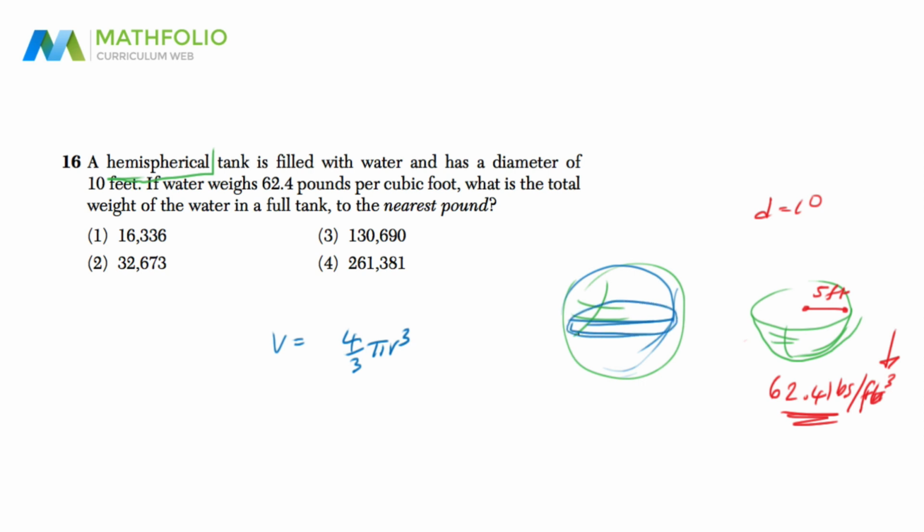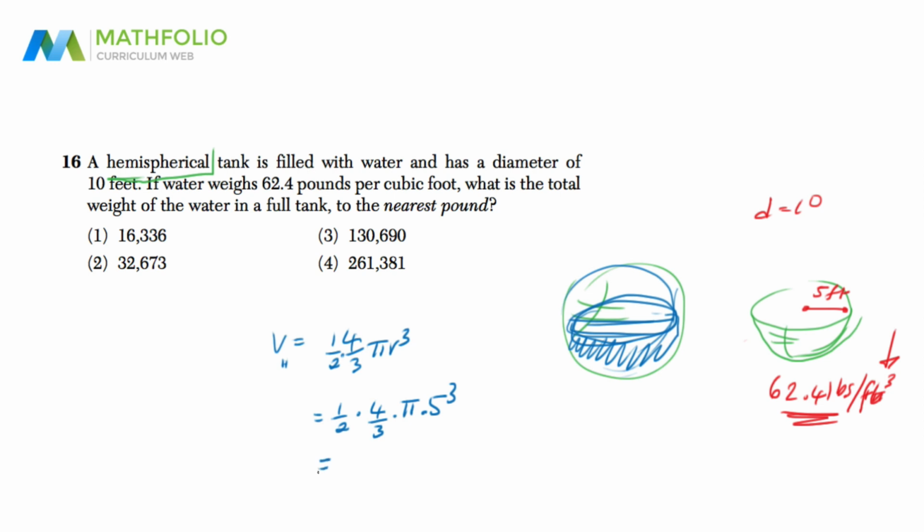So to find the volume of half of this thing, I'm going to take the volume of all of it and then divide by 2, which is the same as multiplying by 1/2. So the volume of the hemisphere now becomes 1/2 times 4/3 times pi times the radius, which is 5 cubed.